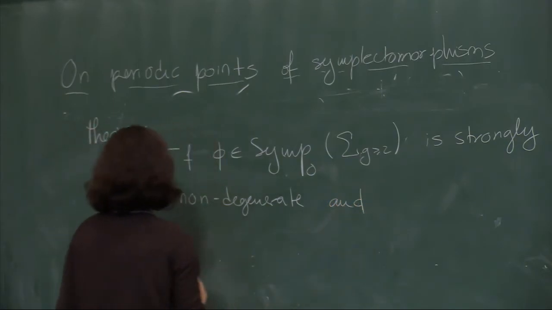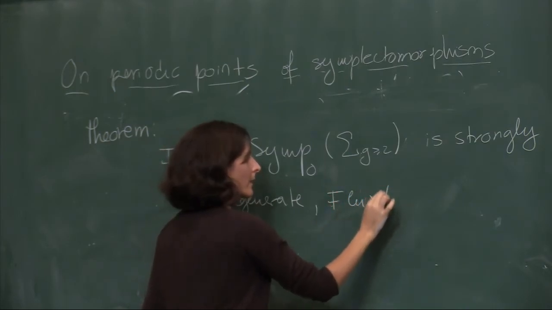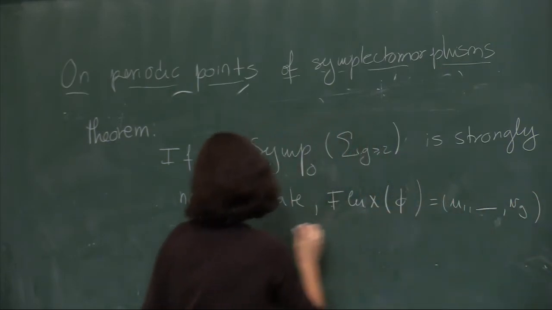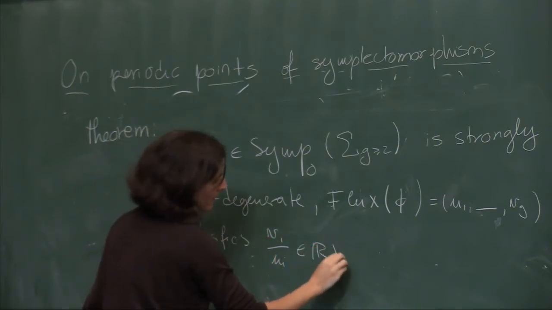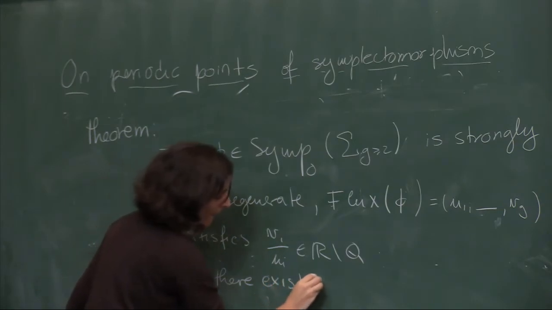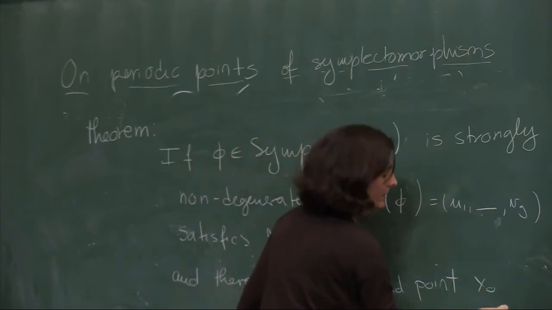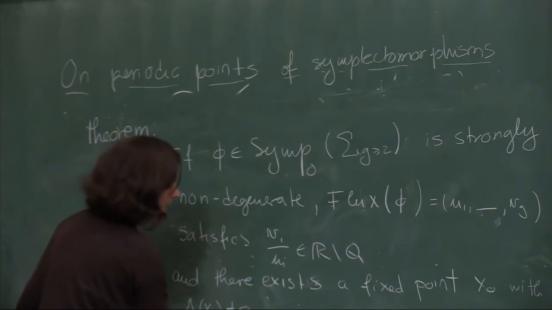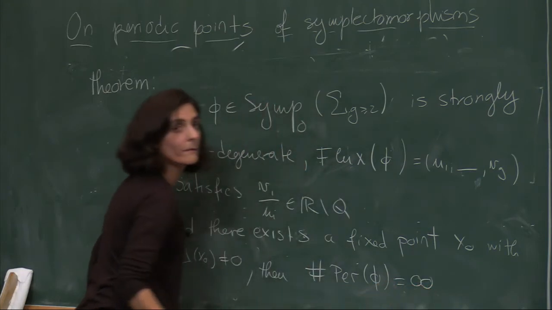And the flux of phi t or phi, again, satisfies vi over ui is irrational, and there exists a fixed point x naught with non-zero mean index, then the number of periodic points is infinite. Okay?